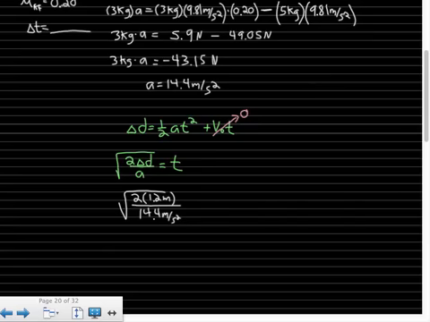And that ends up being the square root of 1.66, which is 0.41 seconds. 0.41 seconds equals the time.